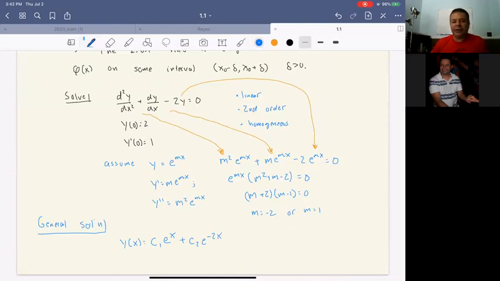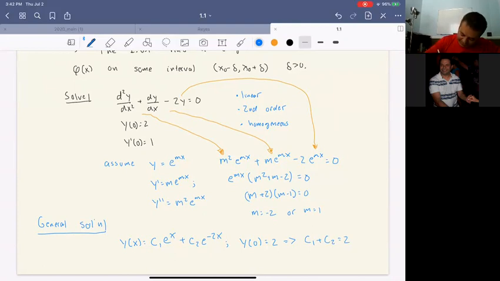Now let's go ahead and solve those initial conditions. y of 0 equals 2. What does that tell me? If I plug 0 in for x, this just gives me c1 plus c2 equals 2, because e to the 0 is 1. Now y prime of 0.